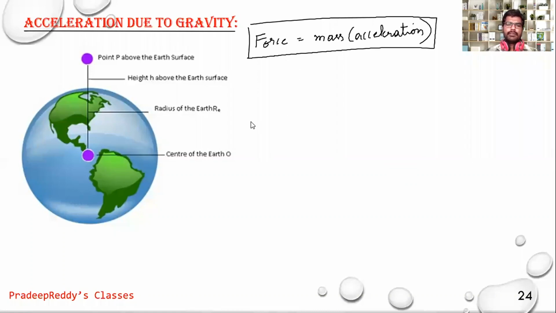So force is equal to mass into acceleration. Now, if you are on the surface of the earth, because every activity is done on the surface of the earth, and the earth is a huge mass, there will be gravitational force upon any other smaller masses on the surface of the earth.